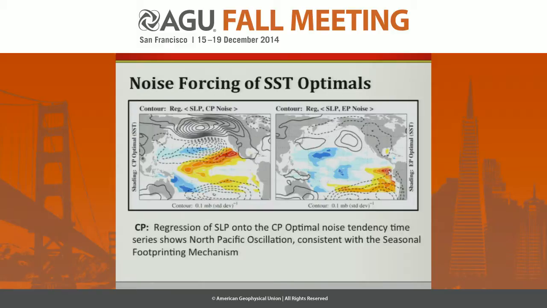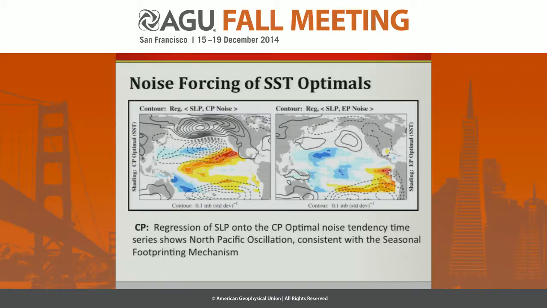And on the right, I have the regression of sea level pressure onto the noise forcing for the EP optimal. And what we find here is that the structure that leads to the Central Pacific optimal is this North Pacific Oscillation. So this is perhaps not surprising given the talks that we've seen so far, but this is a way of directly getting at that using the dynamics of the system.